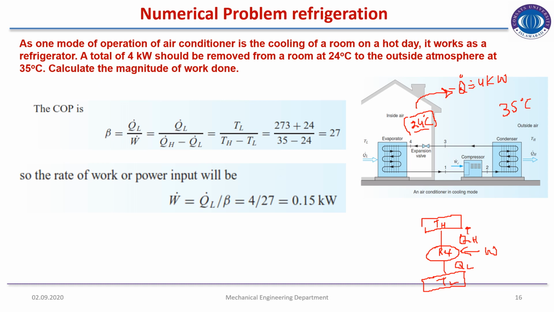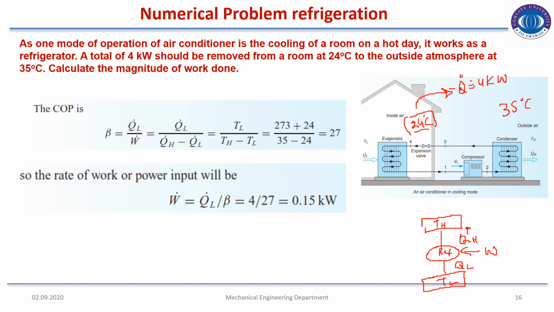We will transform the Q terms into TL, and the low temperature is 24 degrees centigrade and the high temperature is 35. So value of beta is 27. Coefficient of performance is 27.